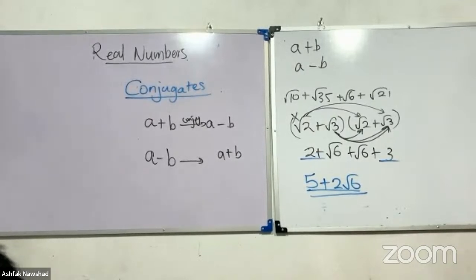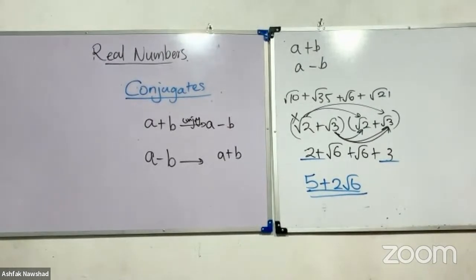So, for example, you can write: the conjugate of A plus B is A minus B.